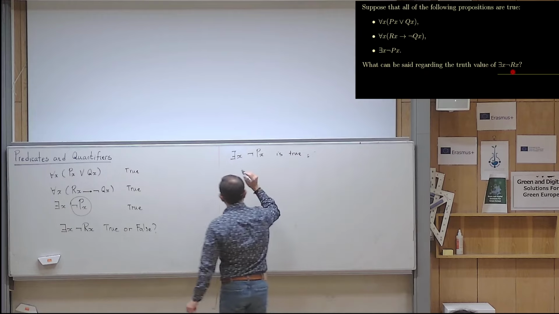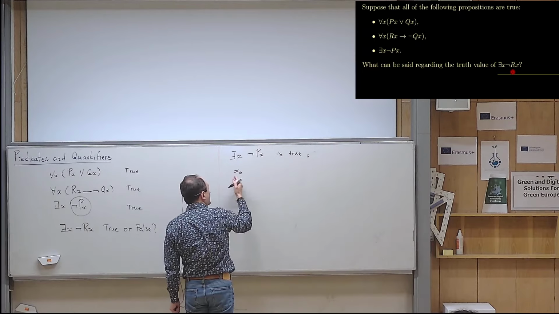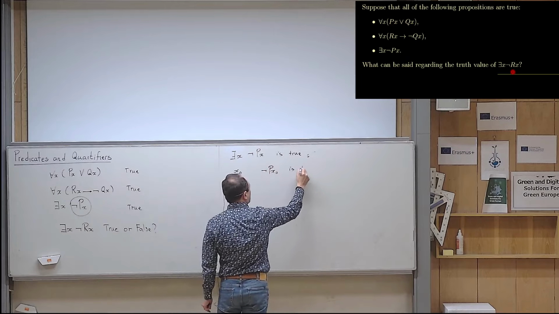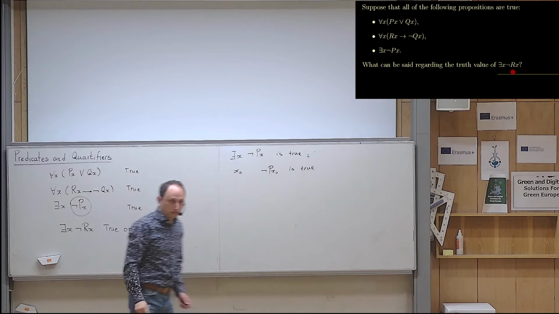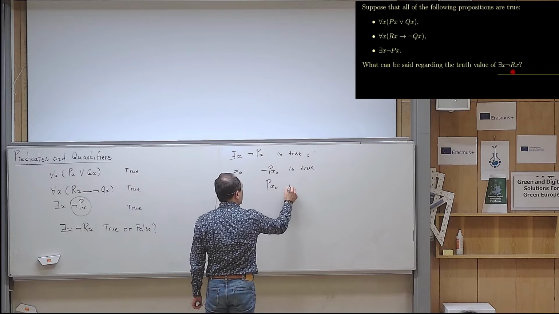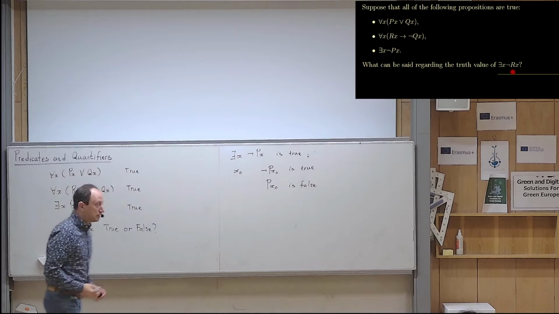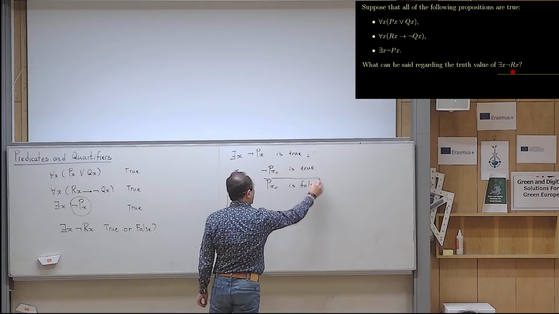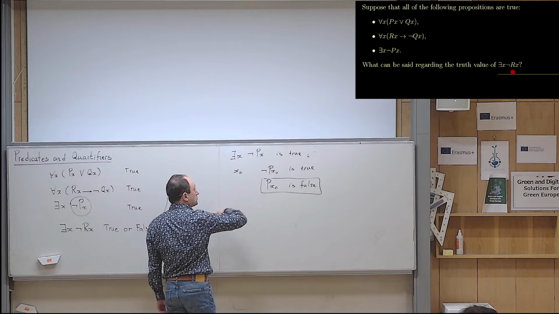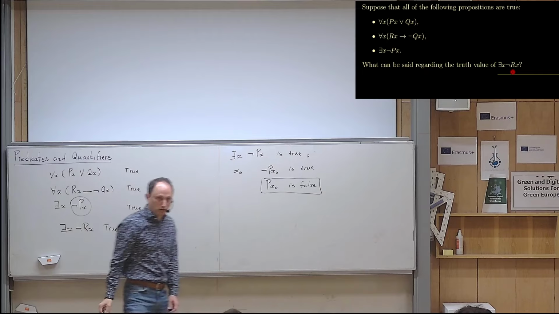So let us give this a name. Let x naught be that x for which not P of x naught is true. And then this means that P of x naught is false. Okay? So this is the conclusion that we have. It means that there exists an element in the universe of discourse, which I give the name x naught, for which P of x naught is false.